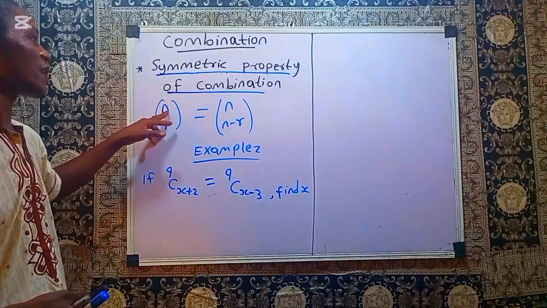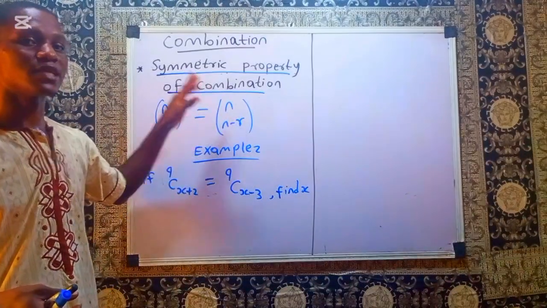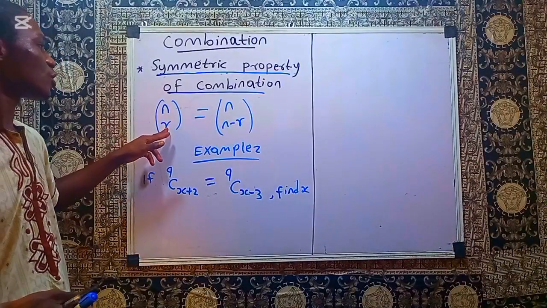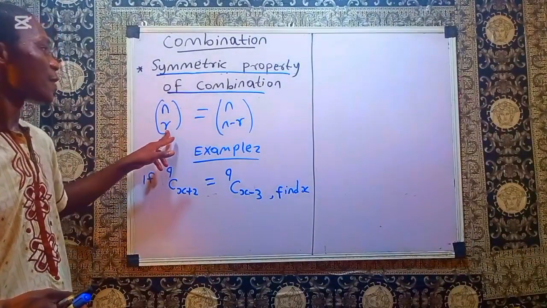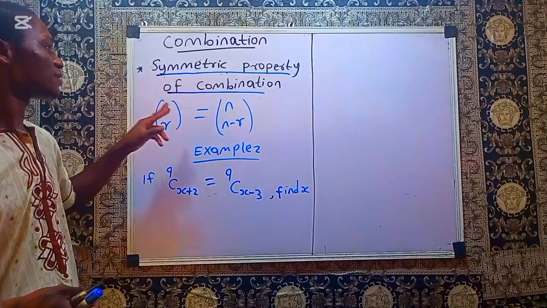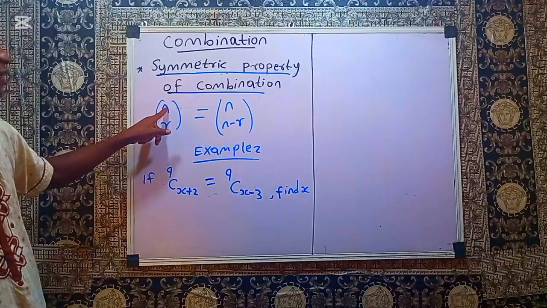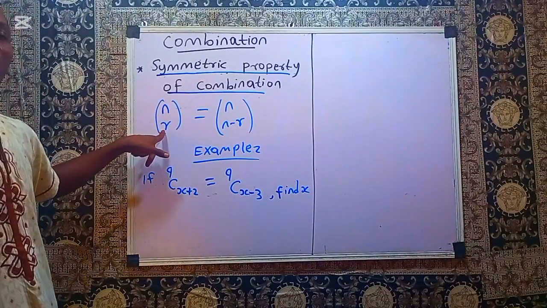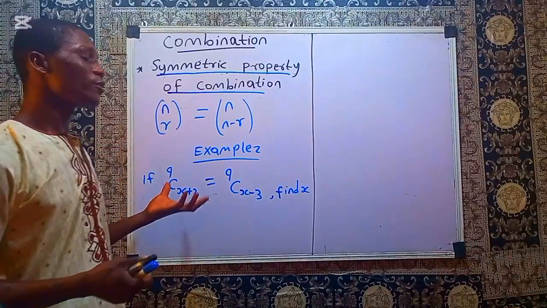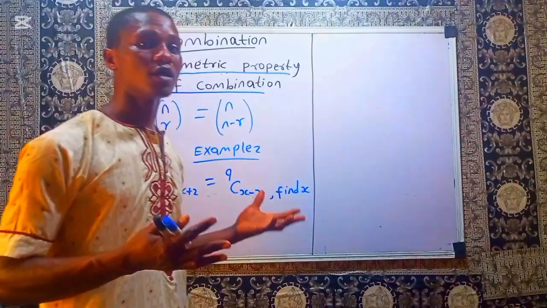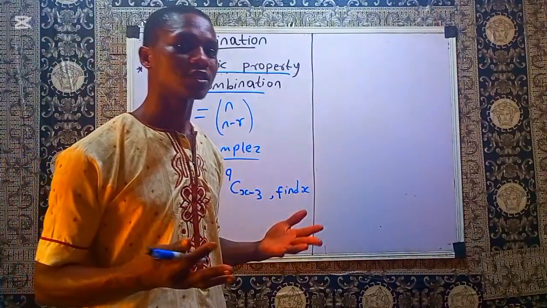You have n, a positive number, and we are having n combination r, and we are saying that this n combination r is equal to n combination n minus r. So we'll use this symmetric property to solve a problem on symmetric property of combination.